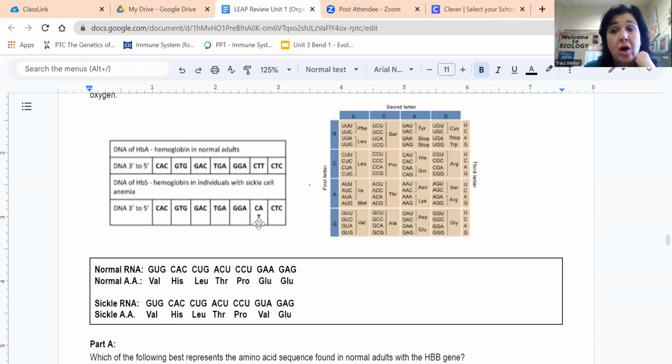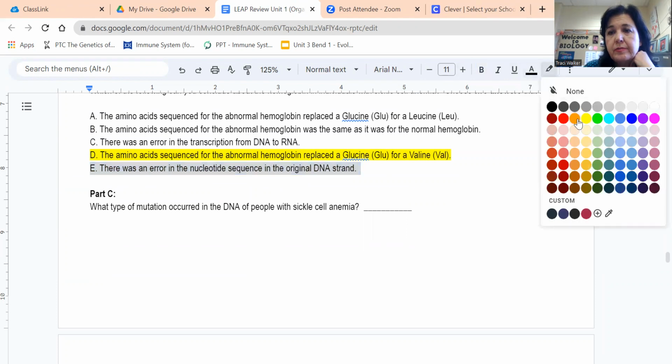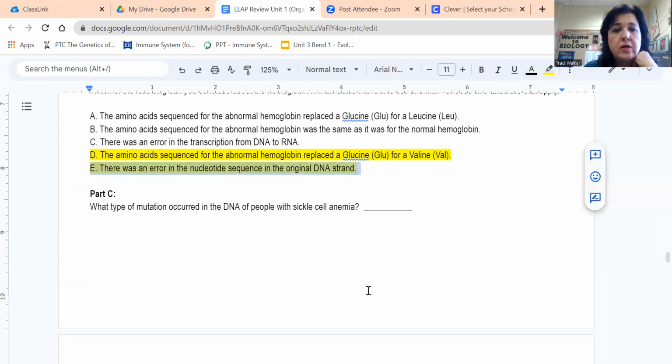So the error had already occurred in the DNA before we ever transcribed and translated into the protein. So the error occurred way back here in the DNA. So that means E is your other correct response. So the correct answers are D and E.